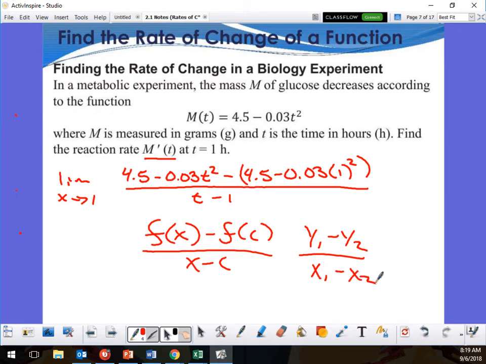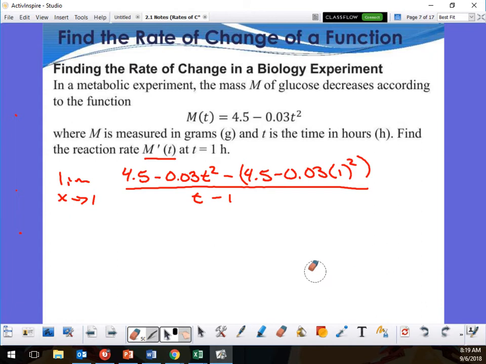We just have an x value to go with the y value. f of x is the y value, and c is the x for a different point, where f of c is plugging in that x value to get the y value there. That's all it is, a slope formula. My c right here is going to be 1, and that's where I got that.